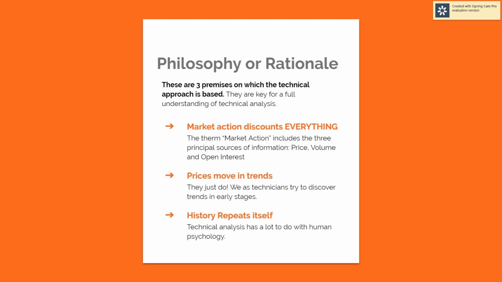Alright, history repeats itself. Much of the body of technical analysis and the study of market action has to do with the study of human psychology. Chart patterns, for example, which have been identified and categorized over the past 100 years, reflect certain pictures that appear on price charts.